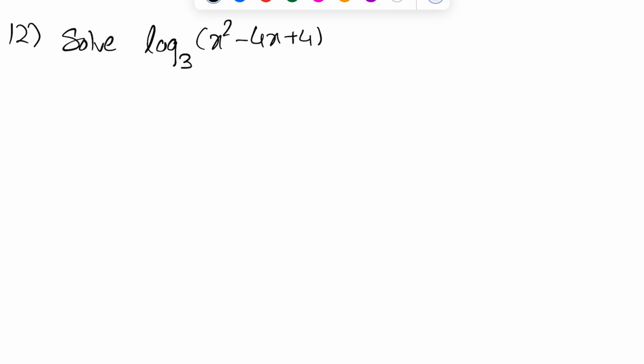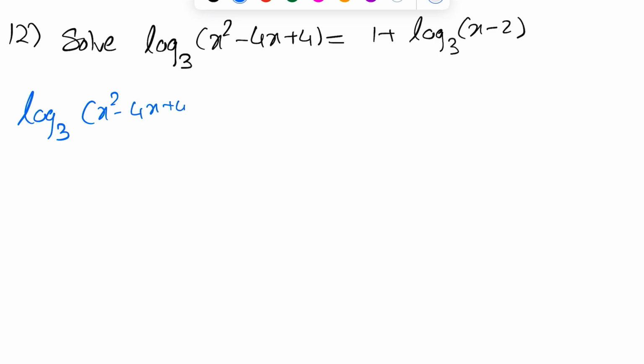Now question number 12. Solve log base 3 of x squared minus 4x plus 4 equals 1 plus log base 3 of x minus 2. Get all the logarithm terms on one side. We can write log base 3 of x squared minus 4x plus 4 equals 1, which can be written as log 3 to the base 3, plus log x minus 2 to the base 3.